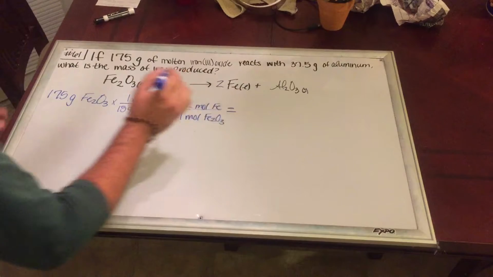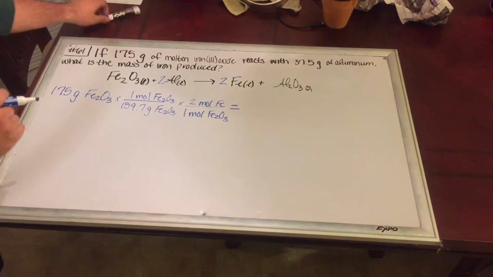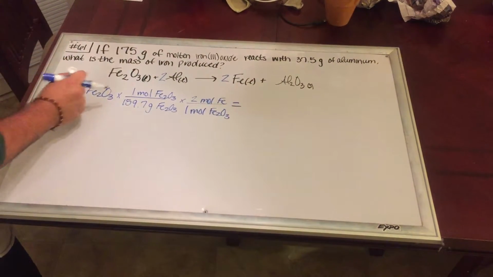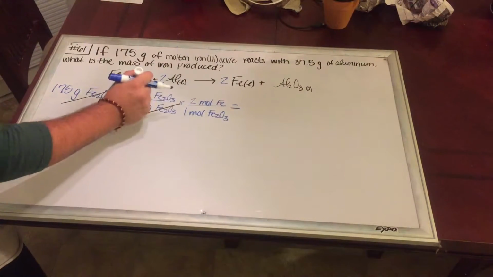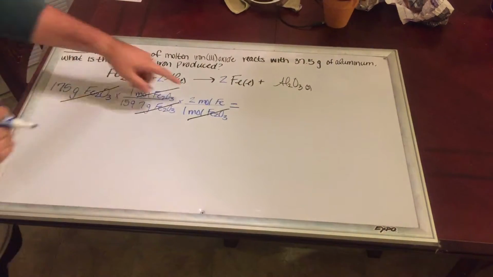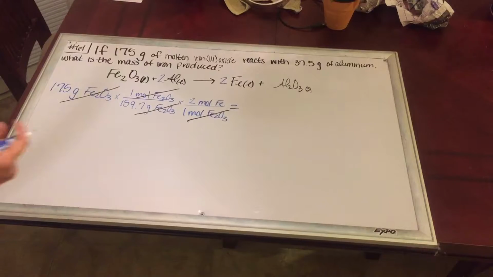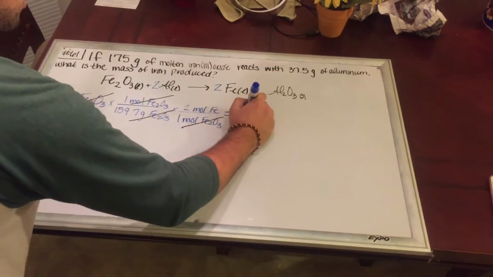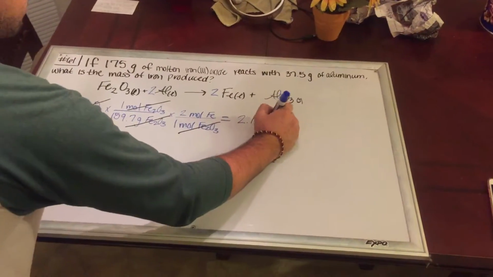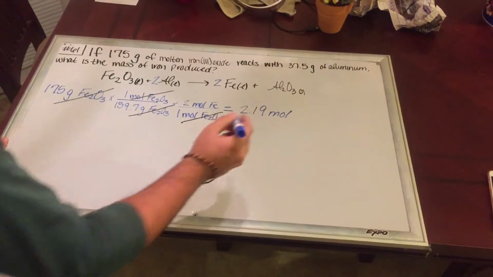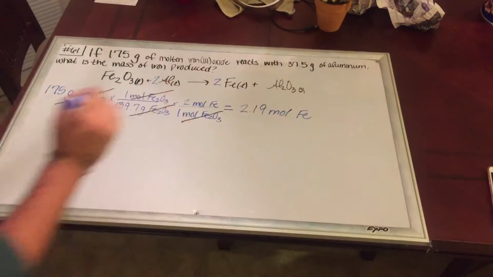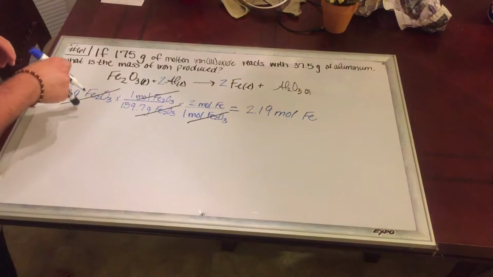So when I calculate all of this, and I cross out grams and grams, and then moles and moles, and I'm left over with moles of iron, I get 2.19 moles of iron. Okay, so that was the first one that's done.